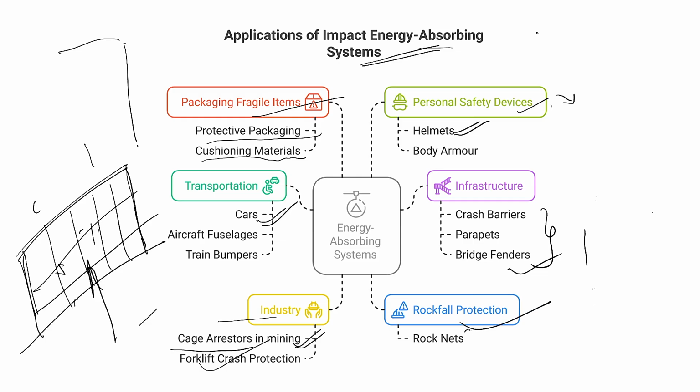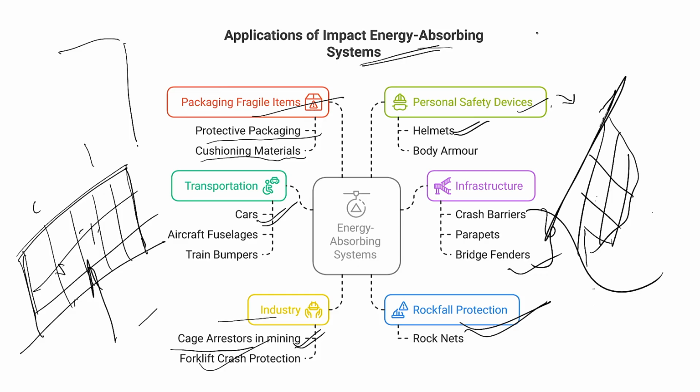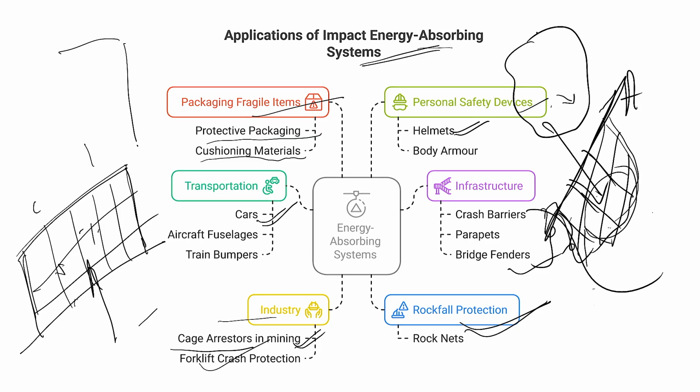Rockfall protection, we have looked into detail about the rockfall protection. The design of the rockfall protection will have a netting type of system, and this netting system will be anchored in the hills and held down by this anchor. If some rock fall occurs here, this will protect the rock from hindering the vehicle movement.